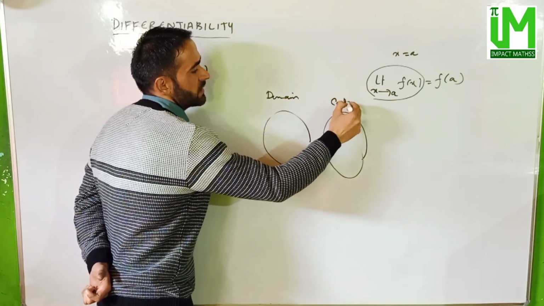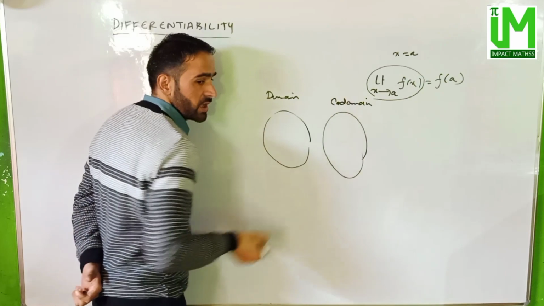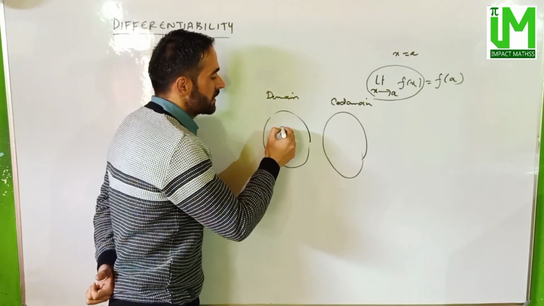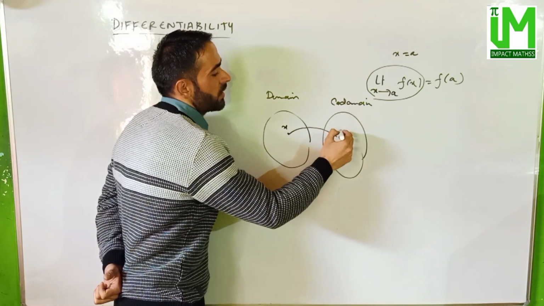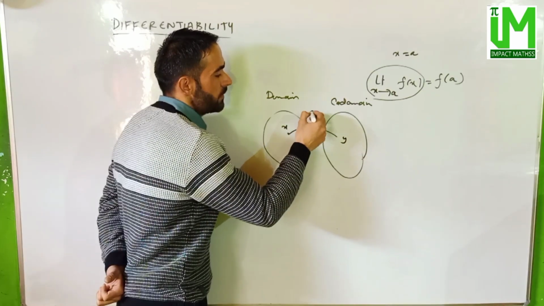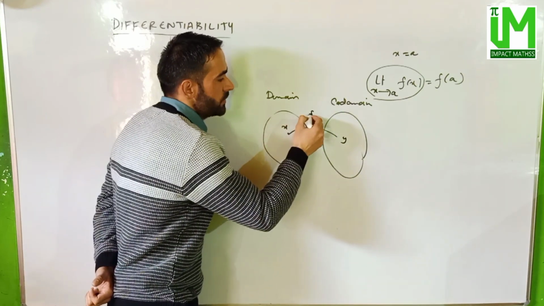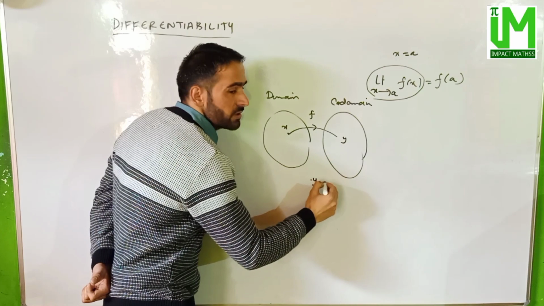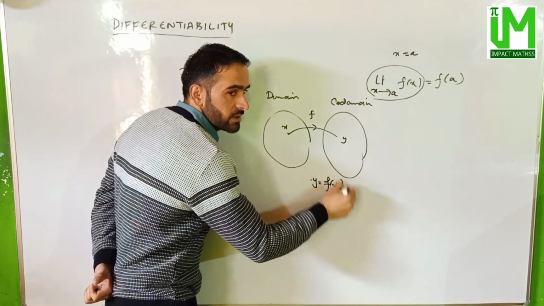Between the domain set and the codomain set there is a map, a matching, such that x is matched onto y, and under the map f which matches x with y, we write y is equal to f of x.